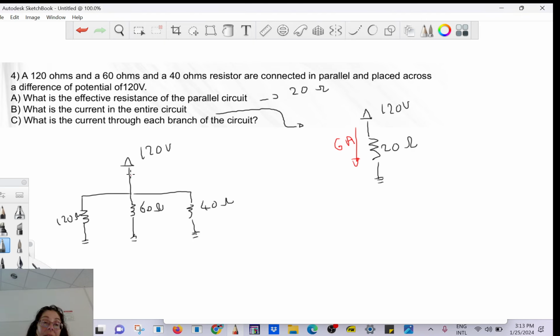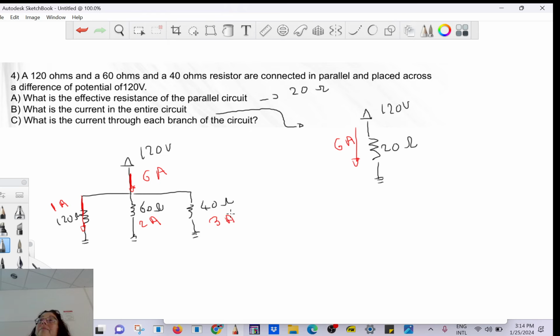And then I have 6 amp. Well, this one is easy. What's going to be the current here? 1. So this one will be twice because this is half, so 2. And how much is left? 3.